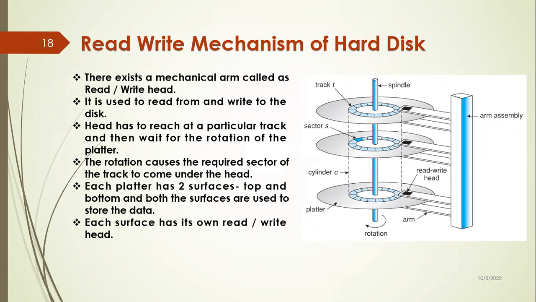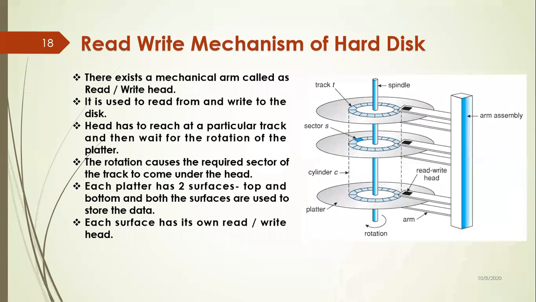One spindle is there, and this spindle rotates the platters. When the platter rotates, the particular sector from which you want to read or to which you want to write comes under the read write head, and the arms move back and forth.